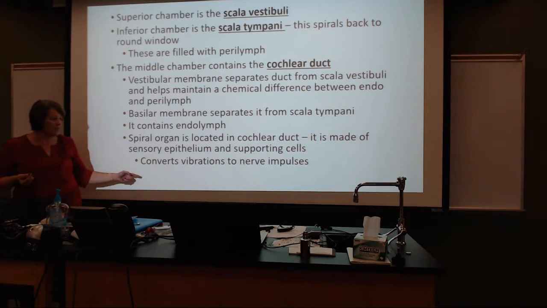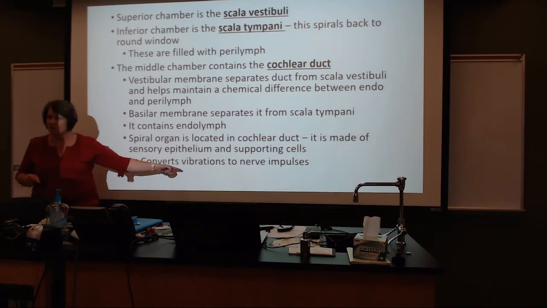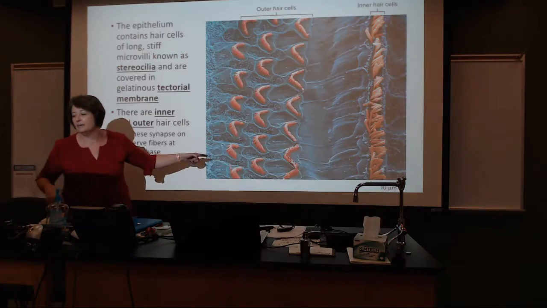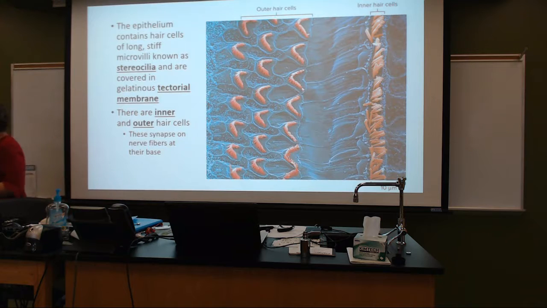So if I get the vibrations that are coming in and they make their way to the movement of that tectorial membrane, the cilia that are embedded will begin to bend.